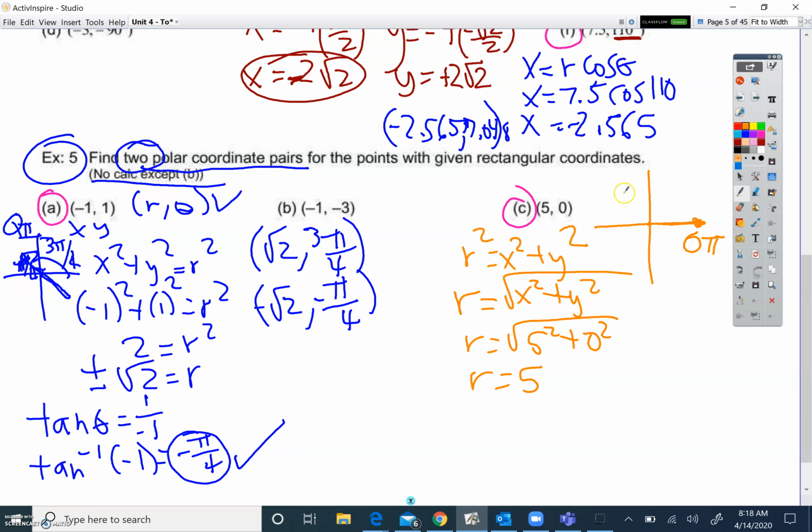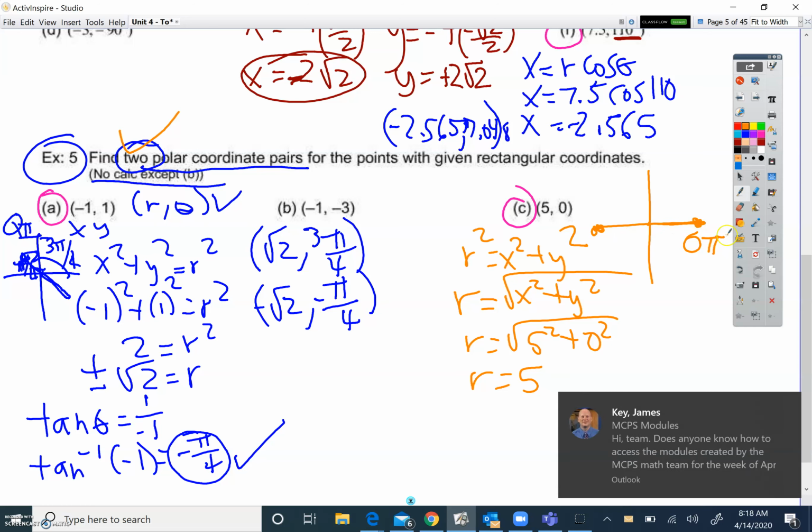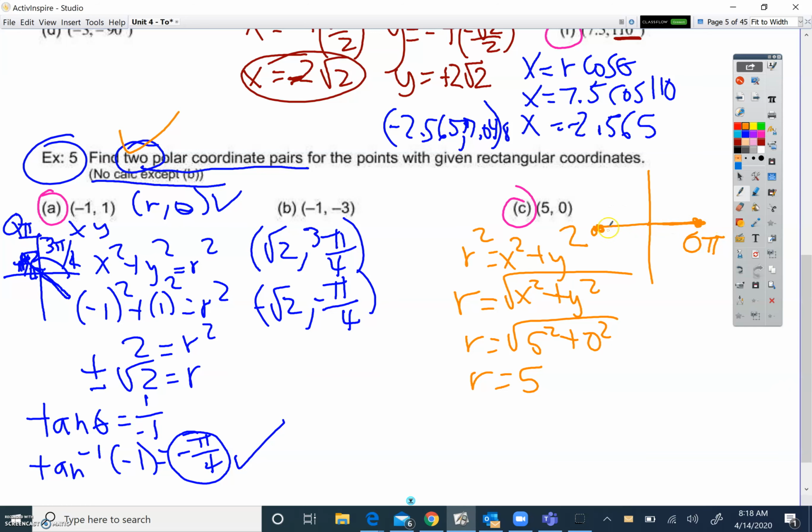And then we need 2 polar coordinates. So I need this over here, which is exactly in the opposite direction. So this angle over here is going to be pi. And what did I forget here for my radius? What I forgot is that it's plus and minus. When you are doing these radii, plus minus, you're always going to get 2 different values.